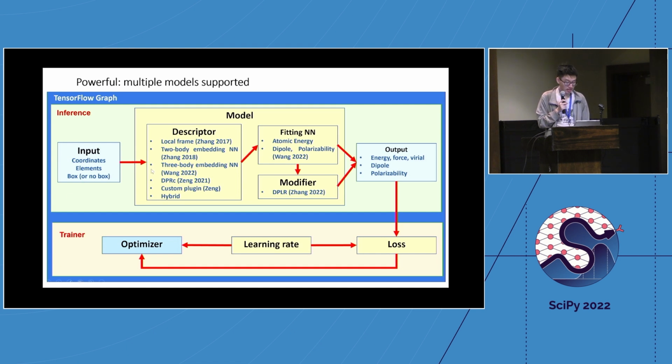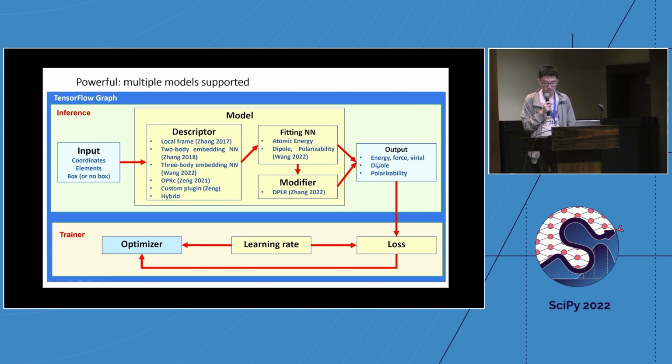And then it is passed to a descriptor. We support different descriptors, which I will introduce later. And then descriptors are passed to the fitting neural networks. And sometimes we have a modifier to support long-range interactions.